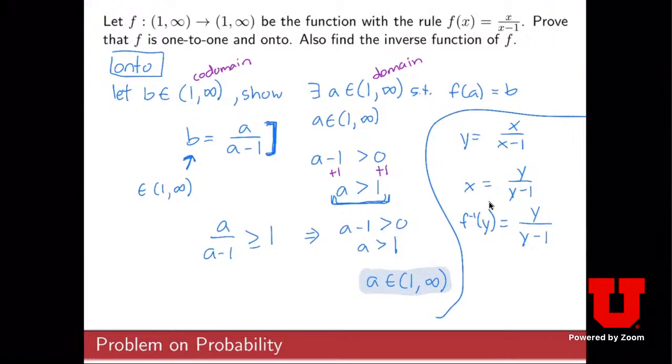I'm still confused about it. So we have y equal to x over x minus 1, and then we switch, so we got y times x minus 1 will equal x, which is not like this. I'm still confused.